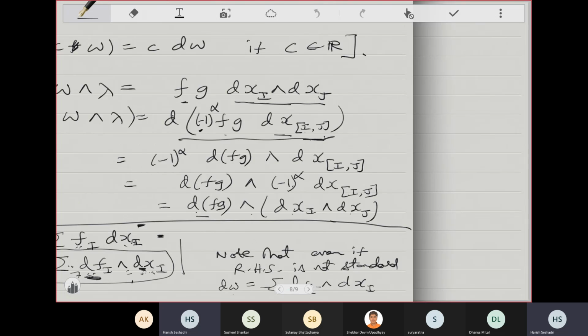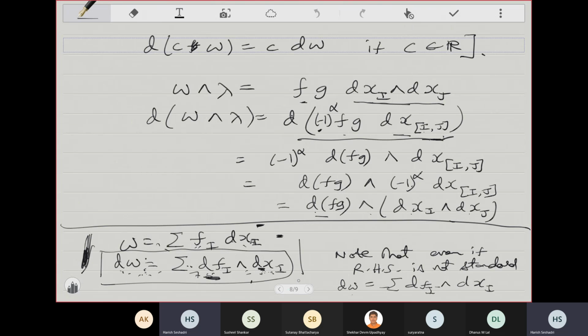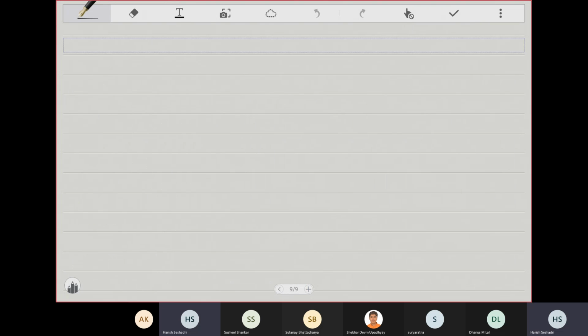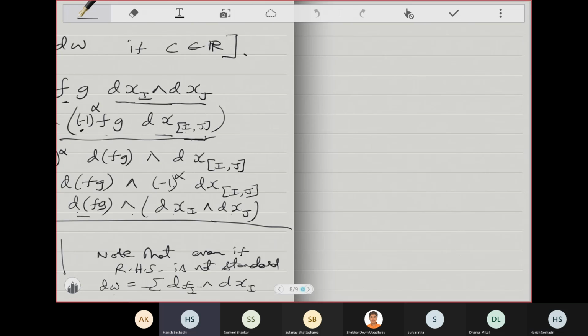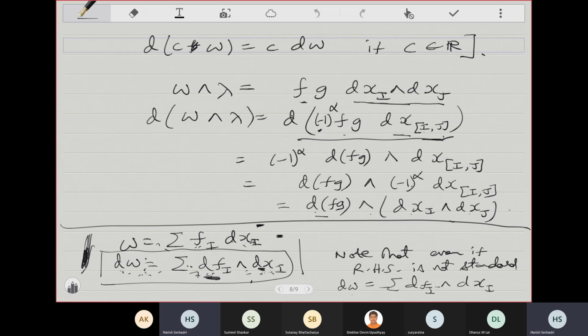I'll state it clearly and give it as a homework problem. So we were at this point. Now notice this bracket. First I'm supposed to do this, and then wedge with this.